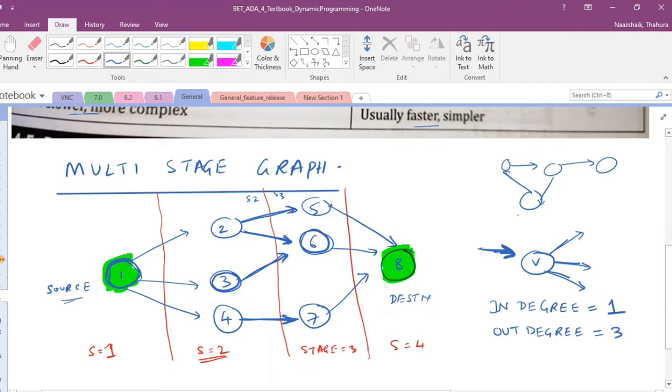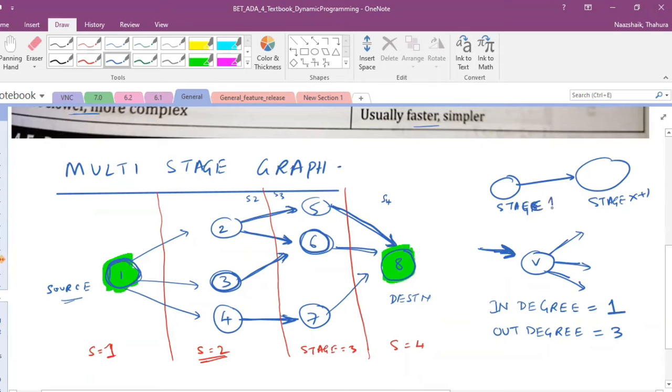Similarly, look at this one. This edge is going from stage 3 to stage 4. So any edge here has a property where this vertex will be in, say, stage X, and this vertex will be in stage X plus 1. You go from one previous stage to the next stage.